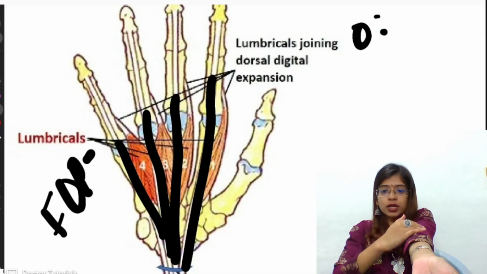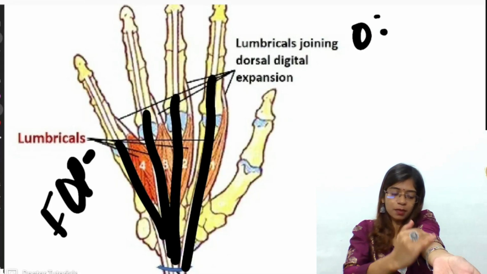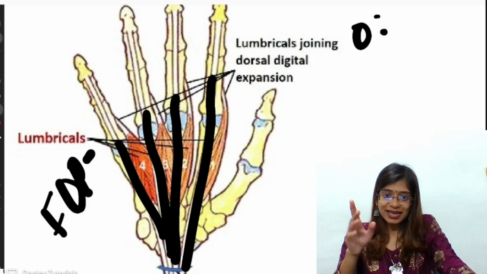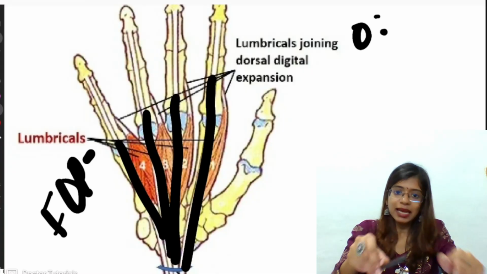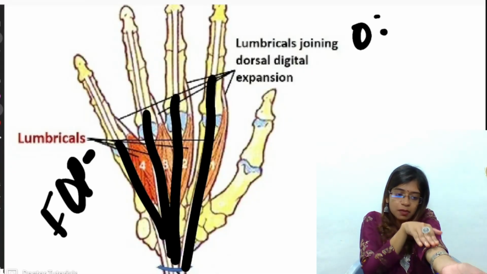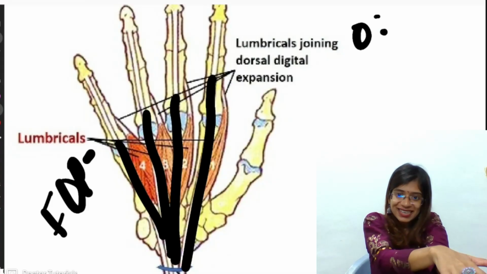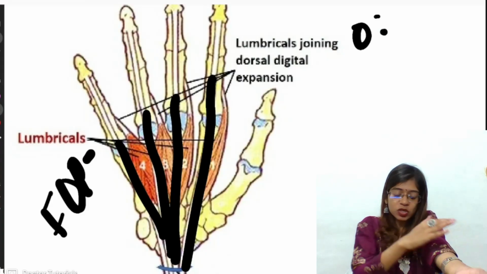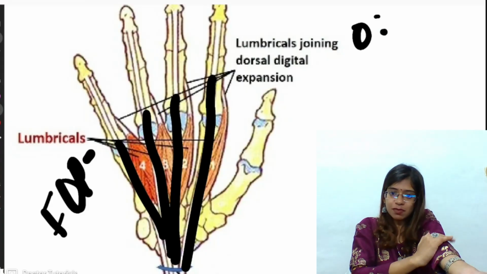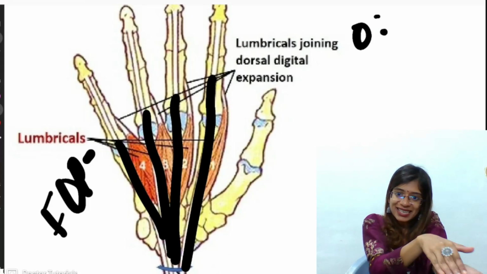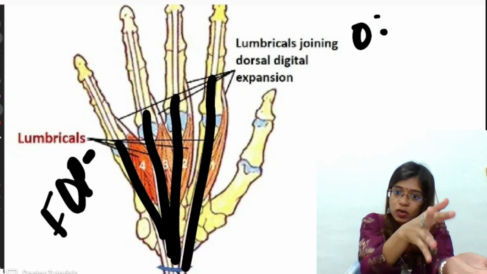There is a muscle over here in the forearm called flexor digitorum profundus. The tendons are these black lines. The muscle comes down and ends as tendons. Flexor digitorum profundus is a muscle of the forearm, and when a muscle ends, it continues as a tendon.